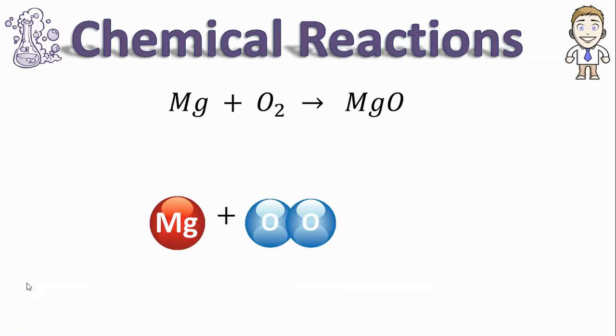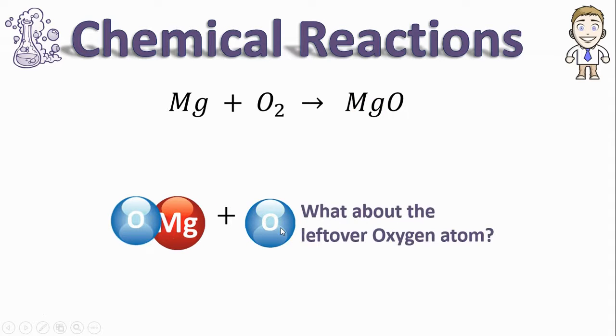So let's make a little room and take a look at exactly how these atoms rearrange. The real issue here is that this reaction is impossible with just 1 magnesium and 1 O2. Imagine an oxygen sort of breaking free from O2 and bonding to the magnesium. This works great to make 1 magnesium oxide, our product, but the problem is we have this leftover oxygen that has nowhere to go.